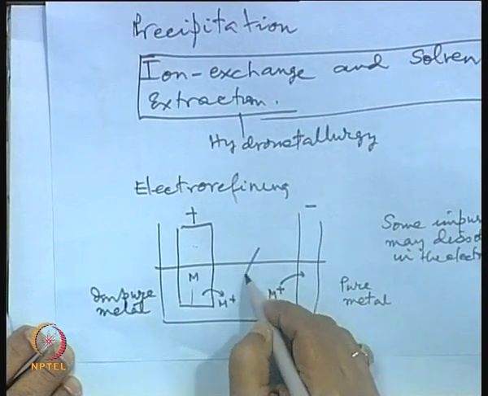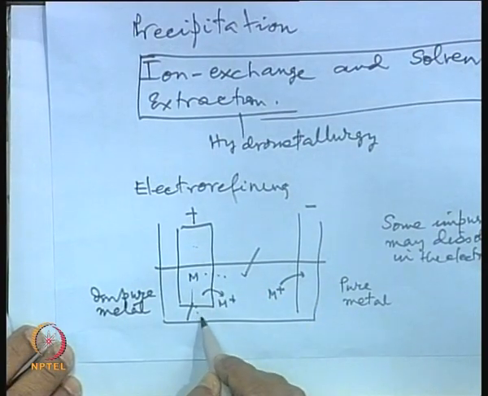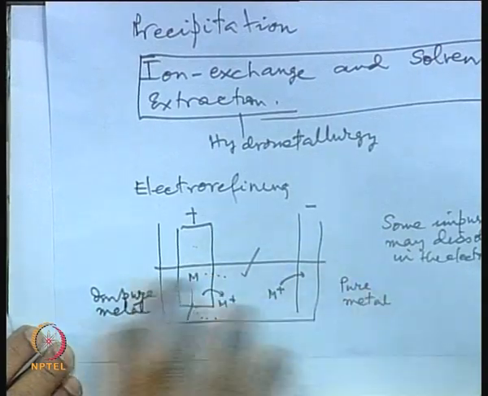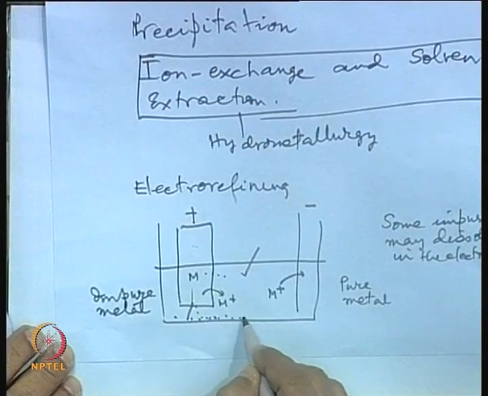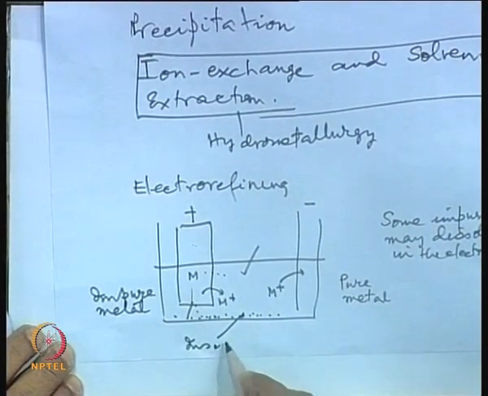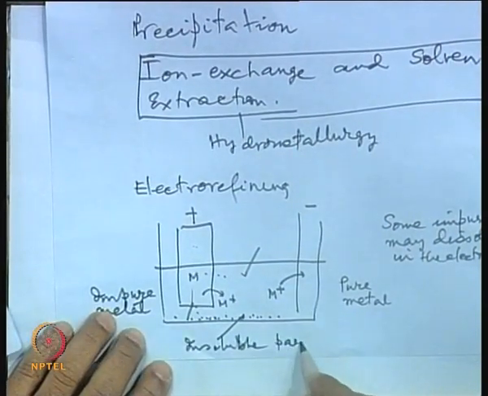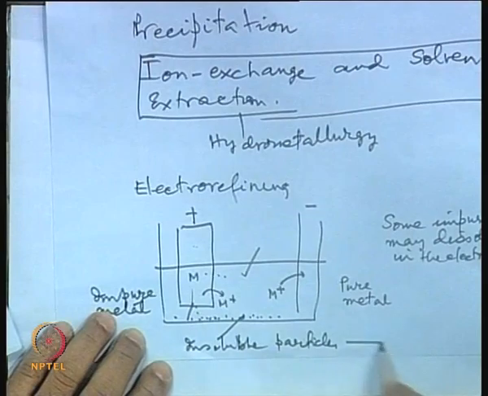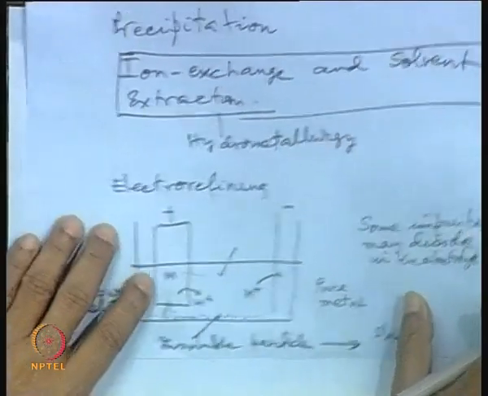This is the electrolyte. Some impurities will dissolve, some will not dissolve, but as the metal is taken out of this, they will simply drop as insoluble particles called sludge. So, two things can happen.